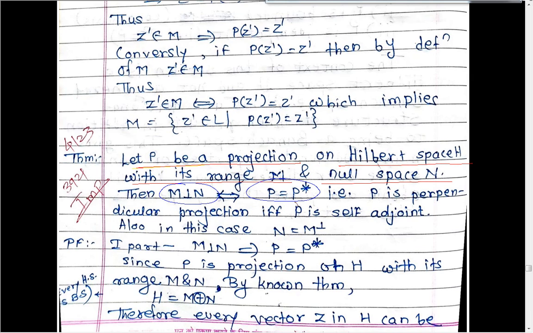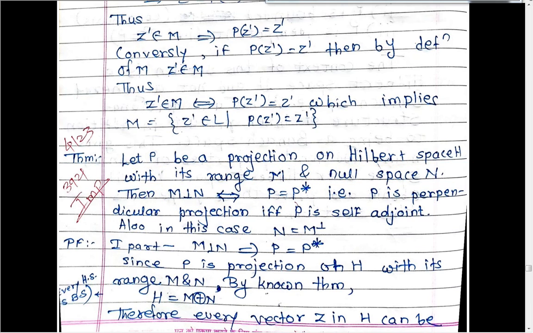So there will be two parts of the proof. If range and kernel are orthogonal to each other, then P is self-adjoint. So let us prove the first part.